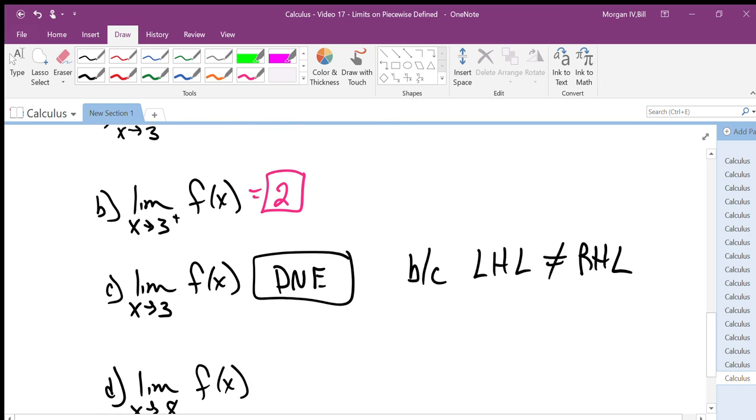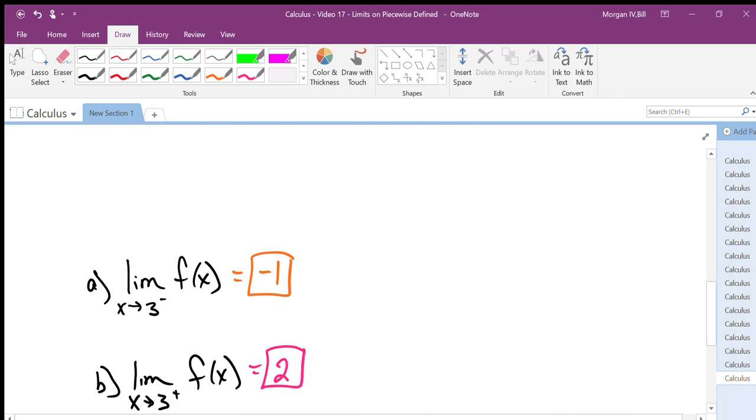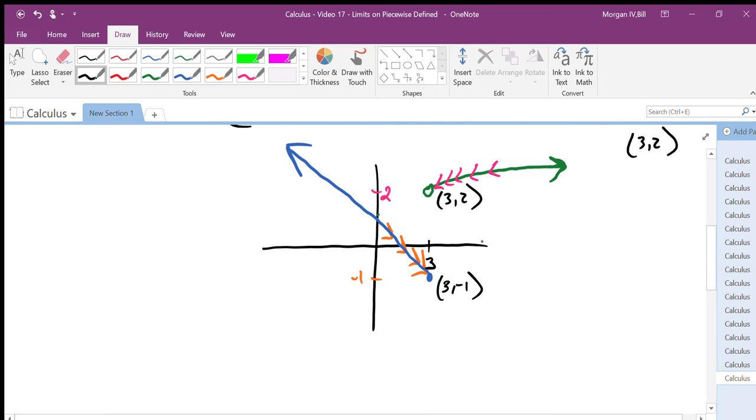Okay, a couple more. What about the limit as x goes to 8 of the function? Now the function didn't split at 8. 8 is somewhere over here. And 8 being greater than 3 means we're going to use the green curve. At 8, we're looking at this point here. What is the y value going to as x approaches 8, from the left-hand side and from the right-hand side?